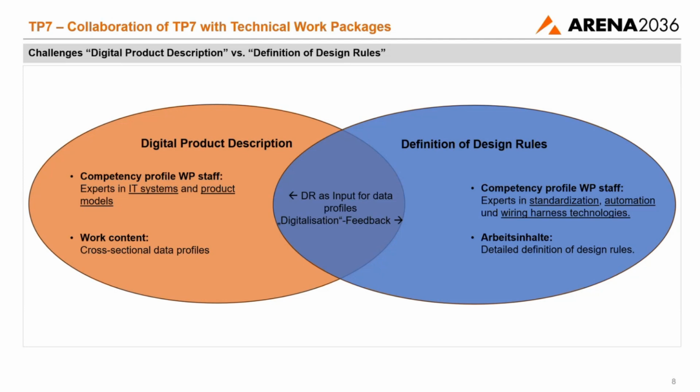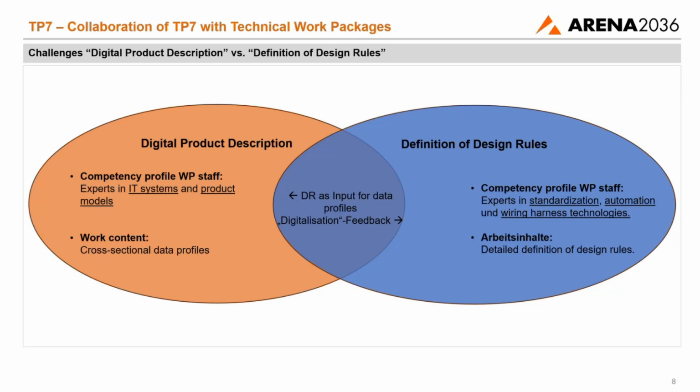And then you have the work package 7 people, which have a competency in how do IT systems work, algorithms for testing, what are the data structures in this domain, what data is available in the IT systems, and how could you formalize this into the design rules. And I think these orthogonal skill sets were very good in the working together.